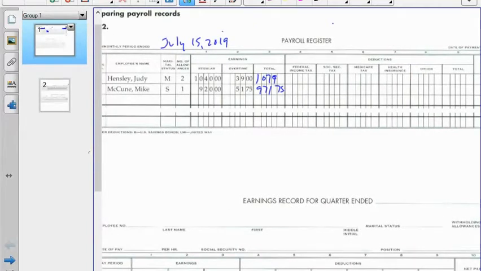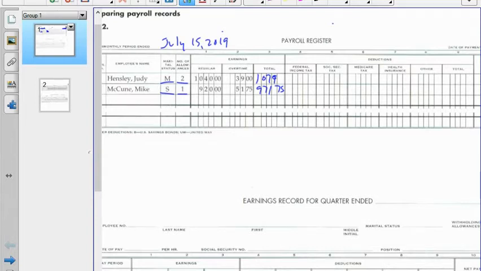We look at calculating federal income tax. Judy is married and two, so she's got to go on page 348. Mike is single and one. He's got to go on page 347. We go look those numbers up.